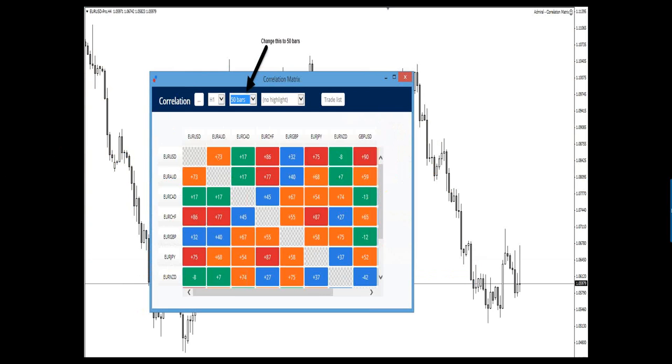I don't need to look on other various websites and try to spot correlations. I just open the correlation matrix and I can easily see it. I would usually use 1 hour time frame.